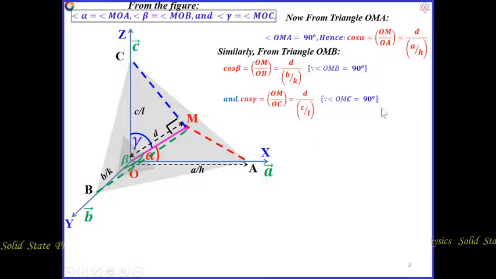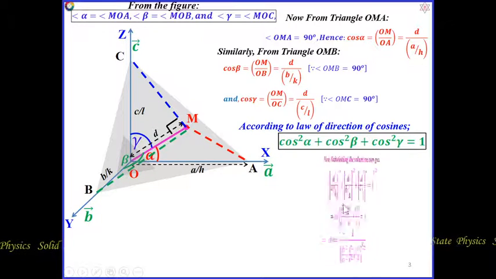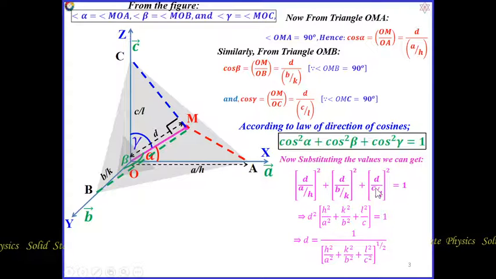We know that according to the law of direction cosines, cos square alpha plus cos square beta plus cos square gamma is equal to 1. Substituting the values of cos alpha, cos beta and cos gamma, we get d by a by h whole square plus d by b by k whole square plus d by c by l whole square equals 1.